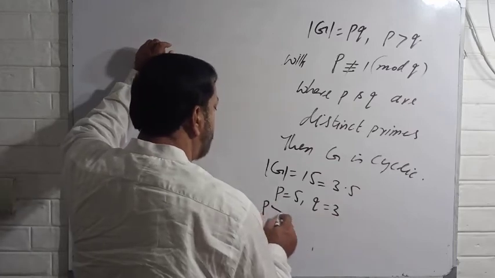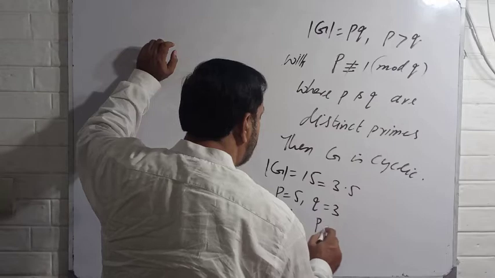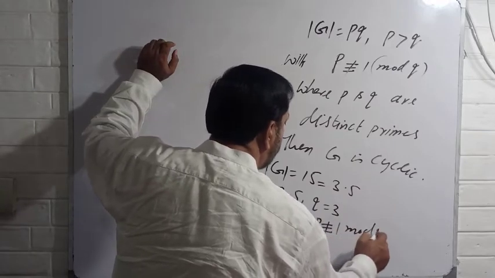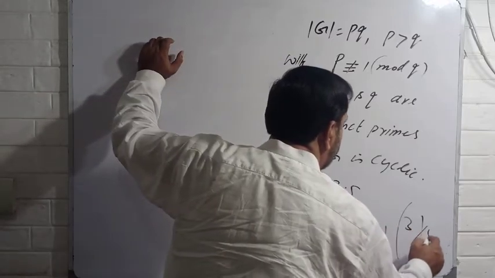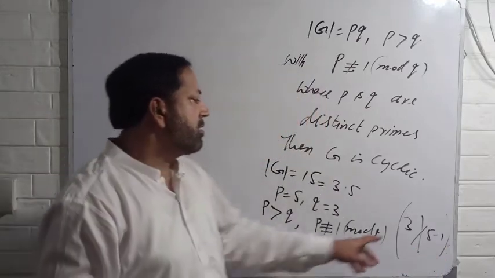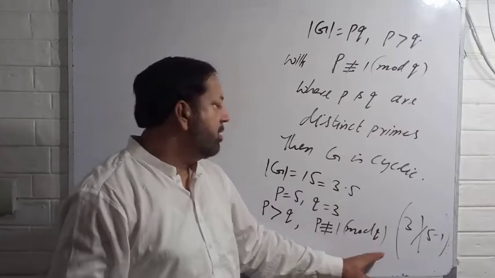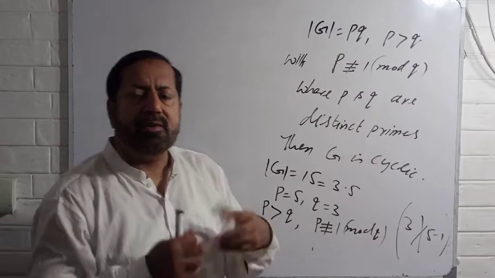Here P is greater than Q and P is incongruent to 1 mod Q since 3 does not divide 5 minus 1. That's why a group of order 15 with respect to this theorem is cyclic.